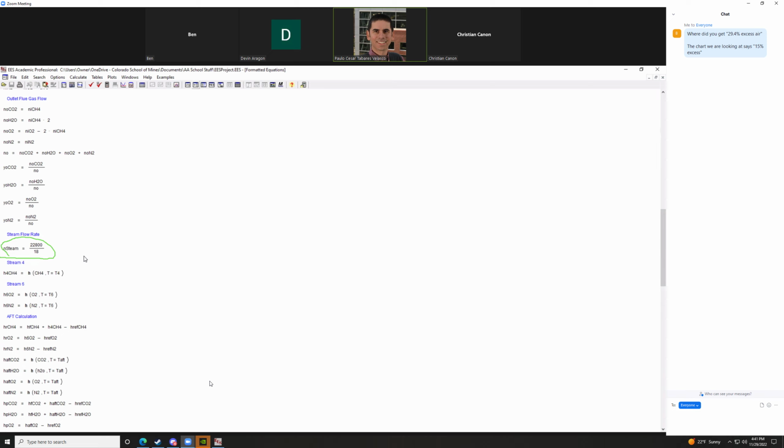But as an output, just to confirm that you're using the right values, I want mass flow rates of the flue, of the natural gas, of air, and the steam too. I want to see those values because I can quickly compare them, and again, what they're measuring is basically pounds per hour. They're not measuring the moles. Moles is an intermediate step that you use to do all the chemistry and thermal work on that part. So make sure that that's there.